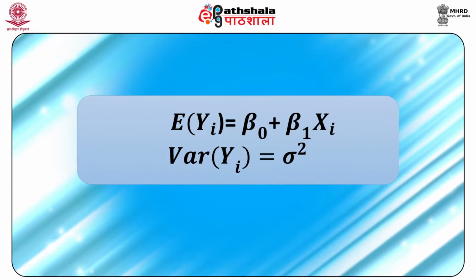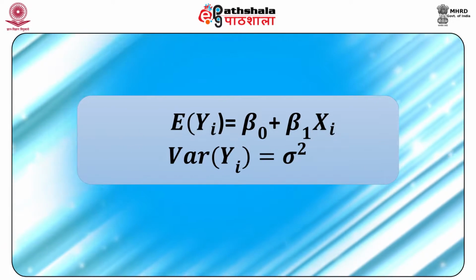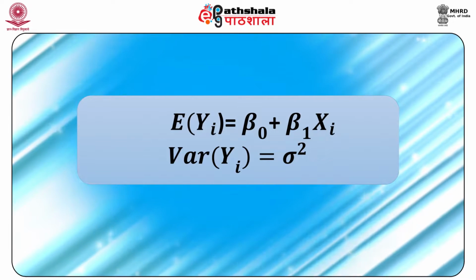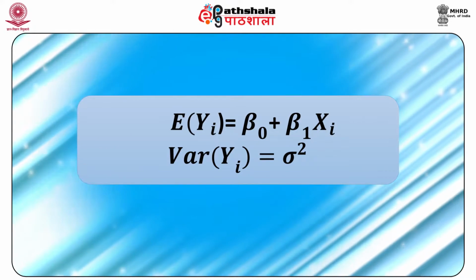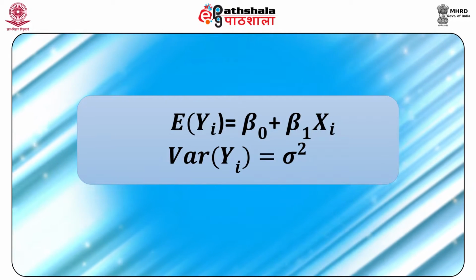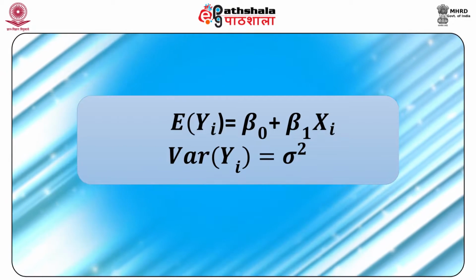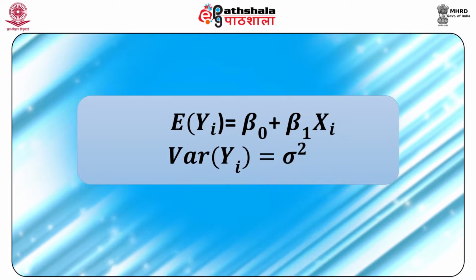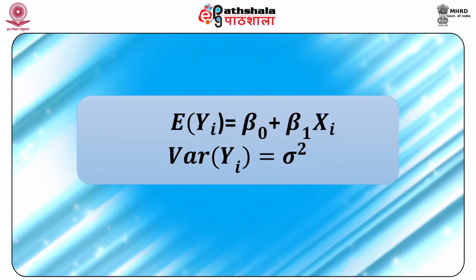When we assume that mu i is distributed normally with mean 0 and variance sigma square, and we know yi being a linear function of mu i, then we find that yi is itself normally distributed with mean and variance given by: expected value of yi equal to beta 0 plus beta 1 xi, and variance of yi comes out to be equal to sigma square, which is the same as variance of mu i.